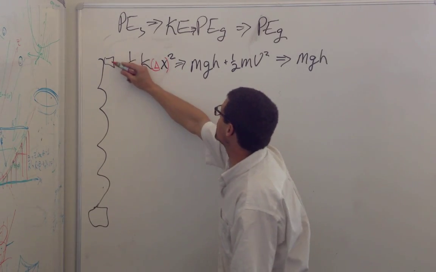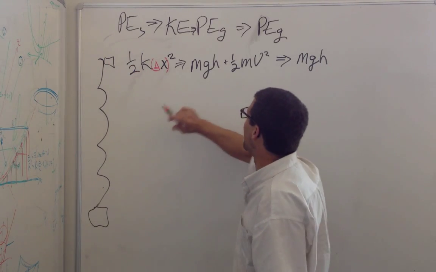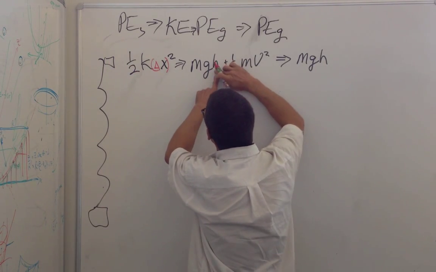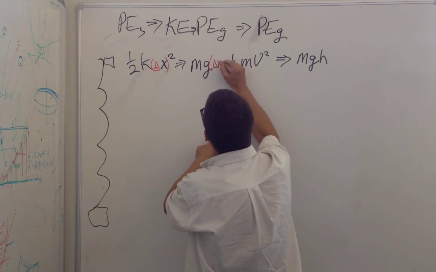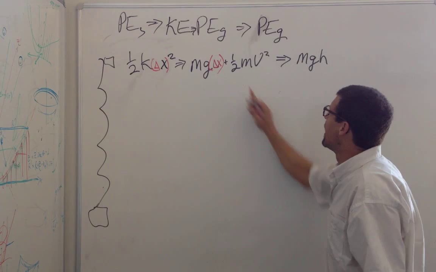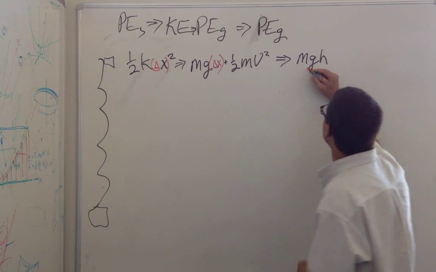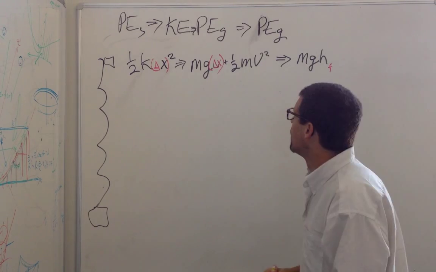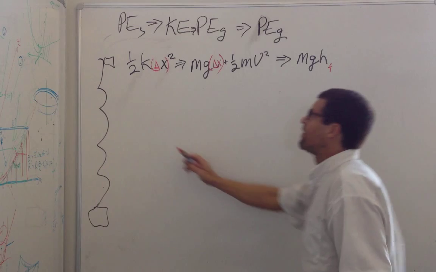And that transitions to some gravitational potential energy when it's up here moving. And we recognize this height is actually equal to that delta x, plus this kinetic energy. And the final potential energy is mgh final. So we could solve this quadratic equation to find the velocity at this point.